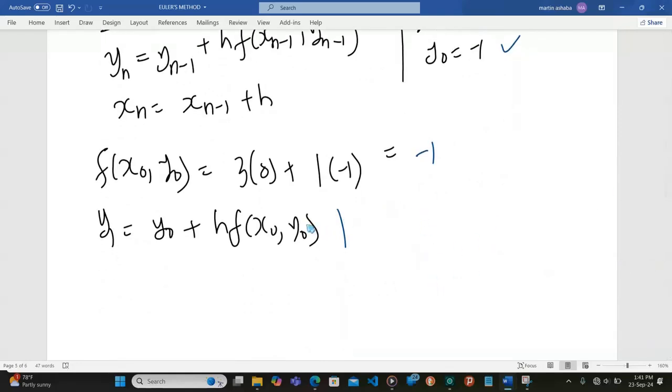So if we substitute in the Euler's formula, y1 will be y0 plus h f(x0, y0). So this is going to be y1, which is equal to -1 plus 0.04, because the step size is 0.04, multiplied by the value of f(x0, y0), which is -1. And this is giving us -1.04.